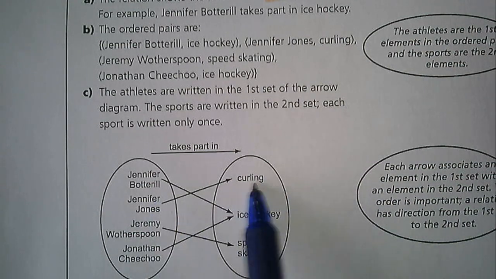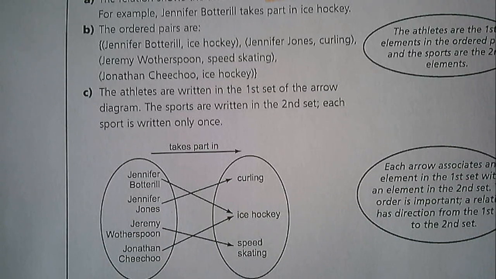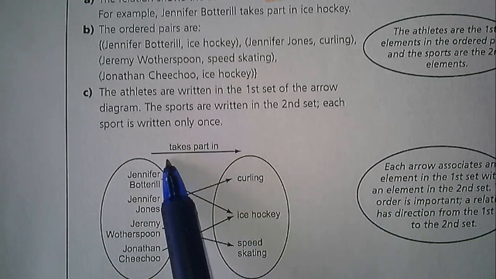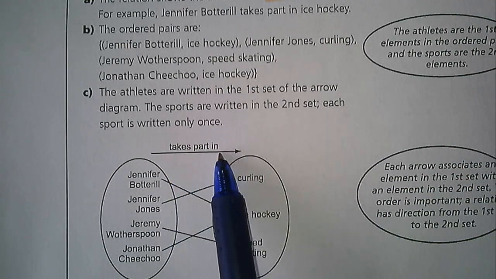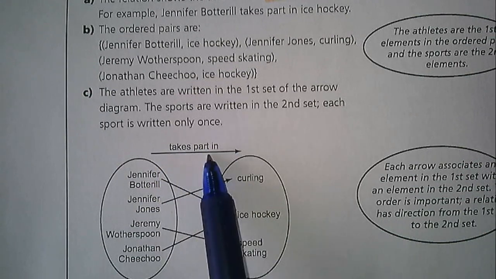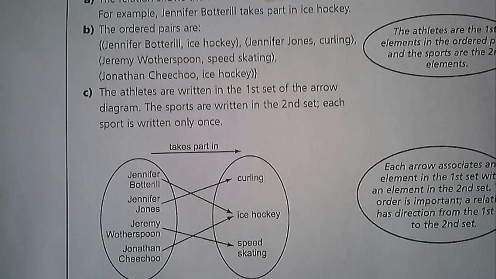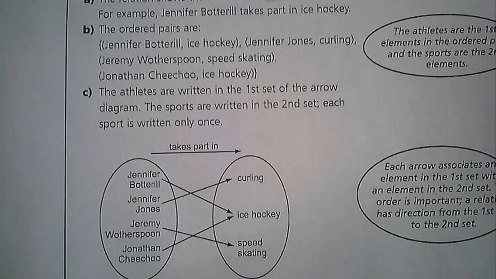You'll notice that the order that was kept in the chart is still shown. We're also going to have an arrow showing takes part in. So we write whatever the relationship between these two sets is. You'll also notice that these were copied down in alphabetical order. Generally speaking, when we use an arrow diagram, we write these down in alphabetical or numerical order, whichever one is shown.